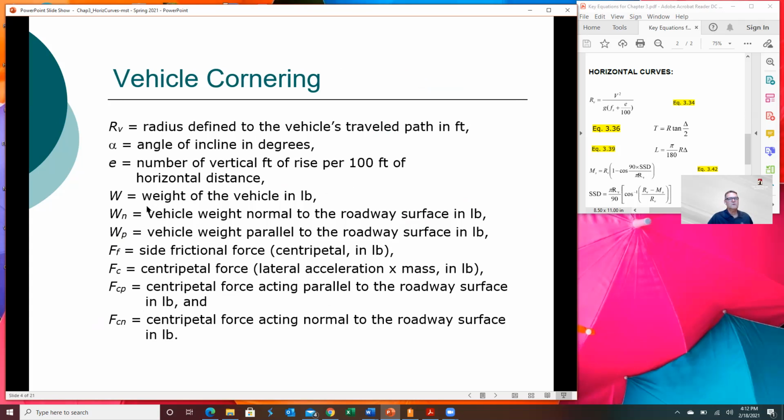W is the weight of the vehicle in pounds. Then you also have the weight expressed both normal to the roadway and parallel to the roadway. You have side frictional forces, F sub F, and then the centripetal force, F sub C, acting parallel to the roadway surface, and the centripetal force acting normal to the roadway surface.